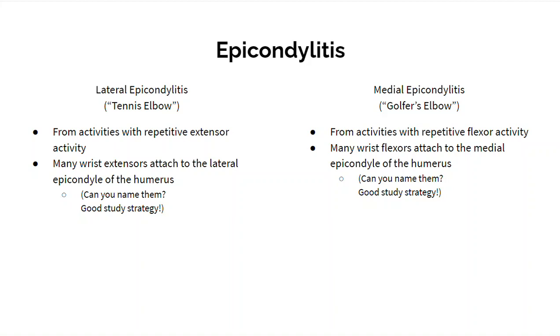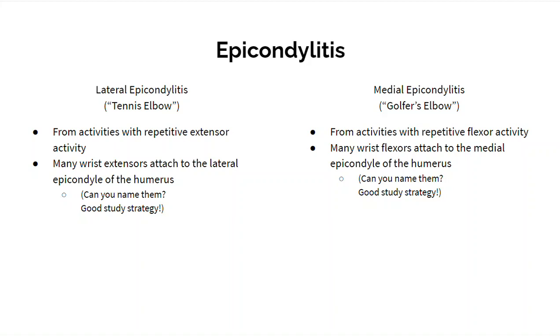So tennis elbow, the idea is you're doing, say, a backstroke, which would be an extension of the wrist, and you would get so-called tennis elbow from overuse of the muscles that attach to the lateral epicondyle of the humerus. Those muscles are wrist extensors.